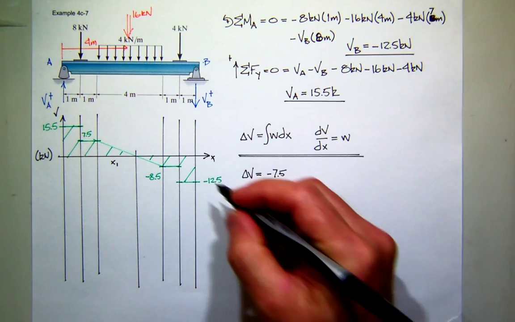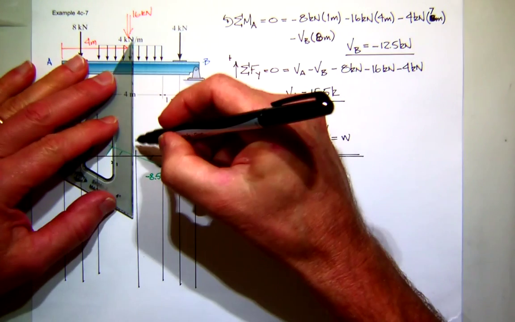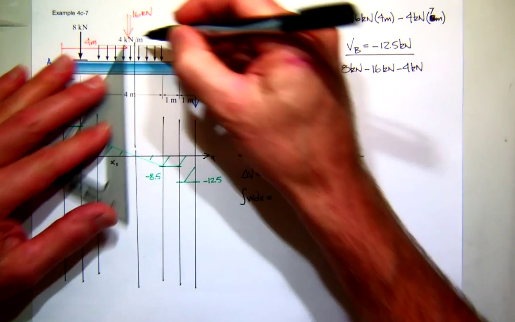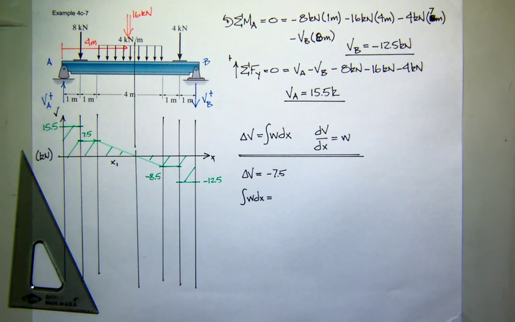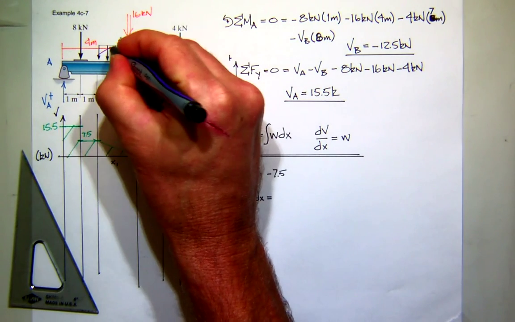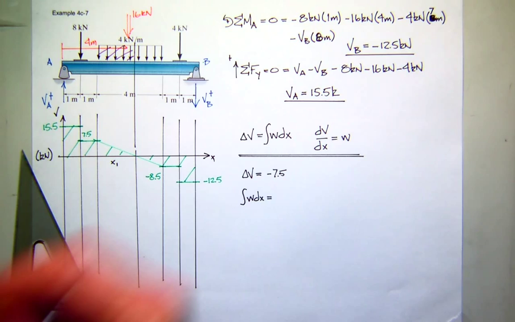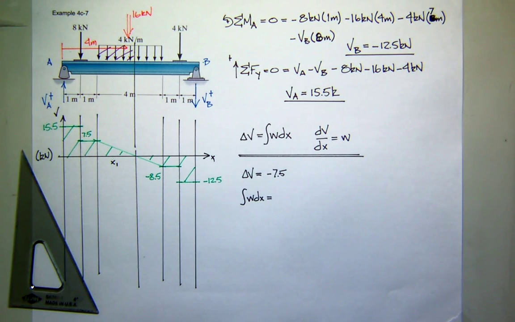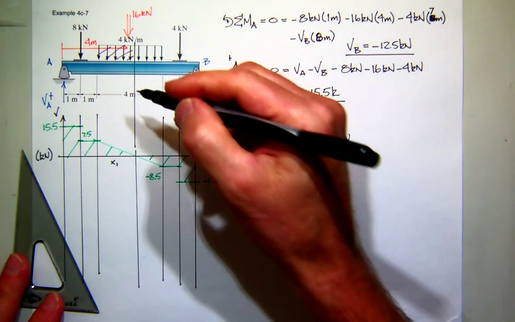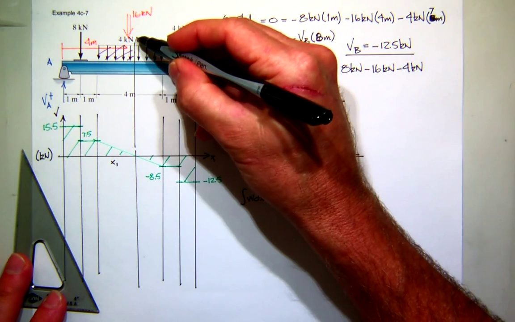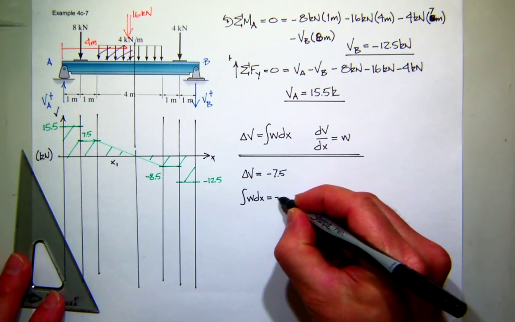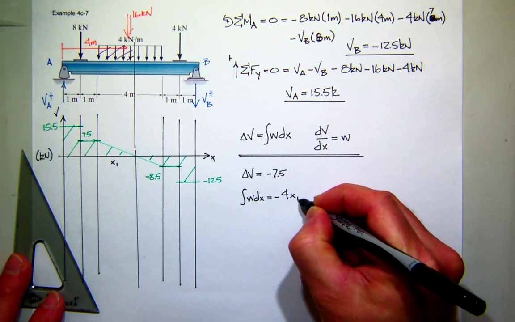If I project this line up, I'm now looking at the area under this load curve. What's the area under that rectangle? It'd be base times height. The base is x1, the height is 4. So that would be minus 4 times x1.